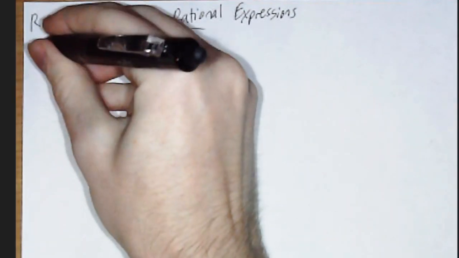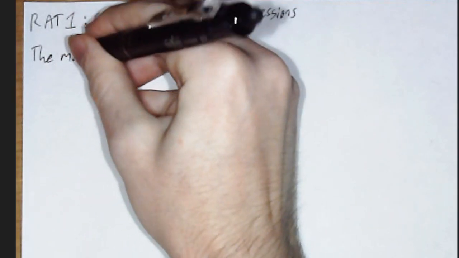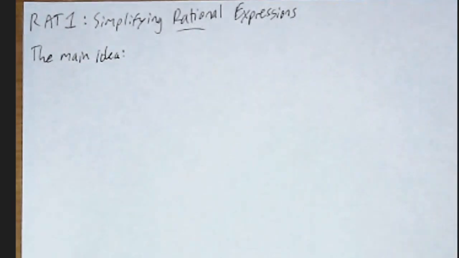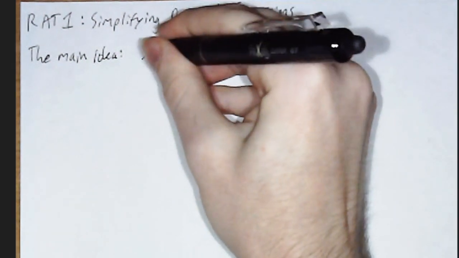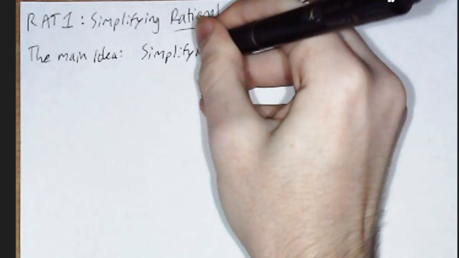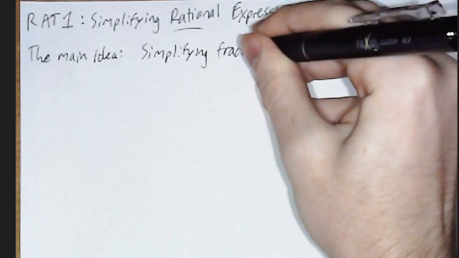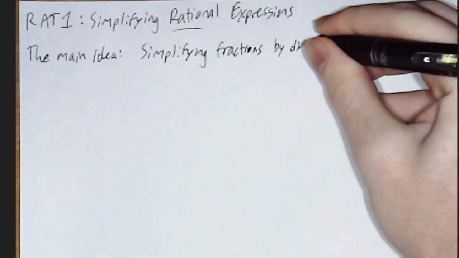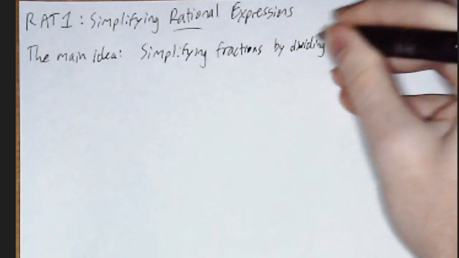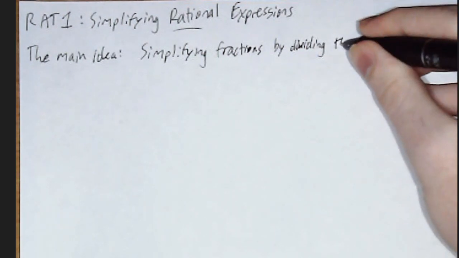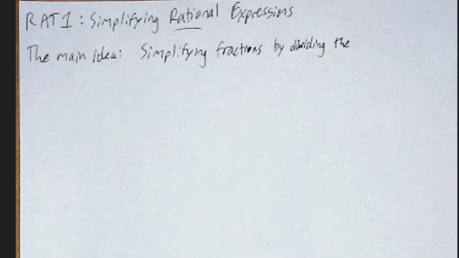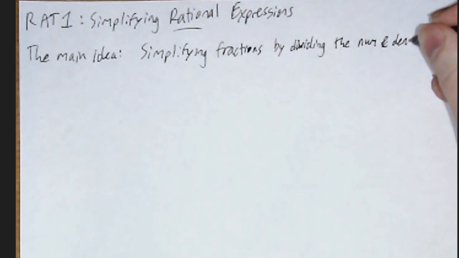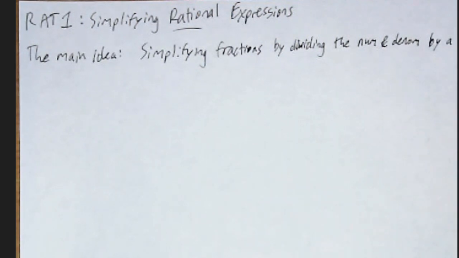The main idea of this first lesson is that we are going to be simplifying fractions by dividing the numerator and denominator by their greatest common factor.